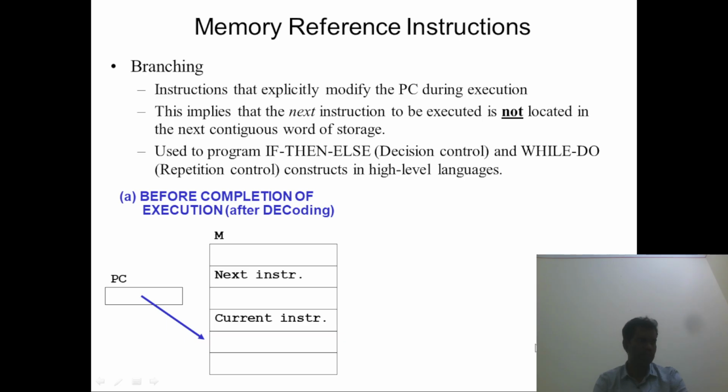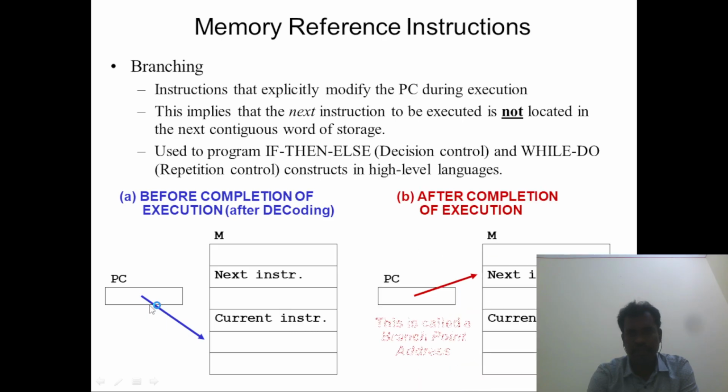Otherwise, the loop is terminated and it has to go back to some other instruction. So it is skipping this one. The next instruction is not this instruction, it has to go to some other instruction. So now this address has to be loaded into the PC.